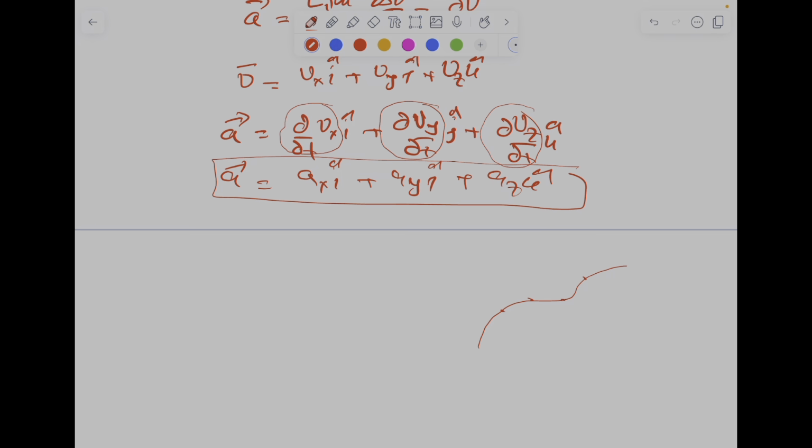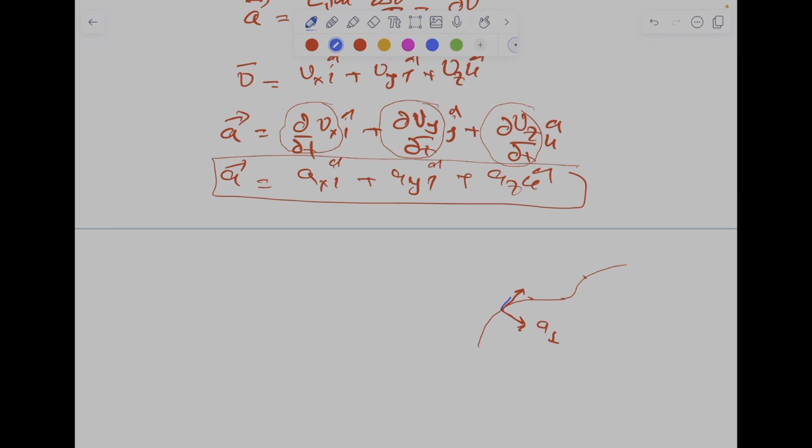One is perpendicular to the velocity vector, which is the normal component of the acceleration, and one is along the velocity vector, which is the parallel component, or what we call the tangential component.